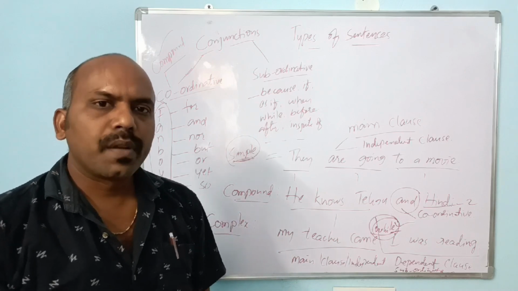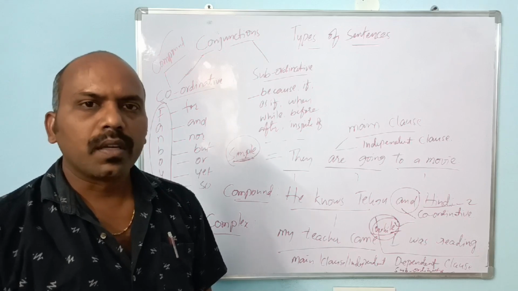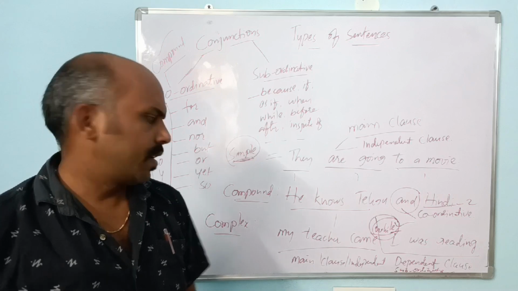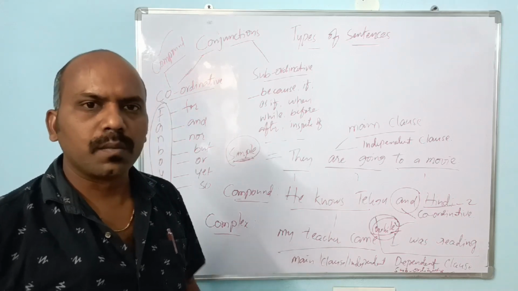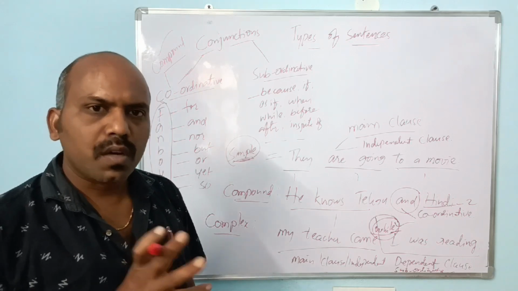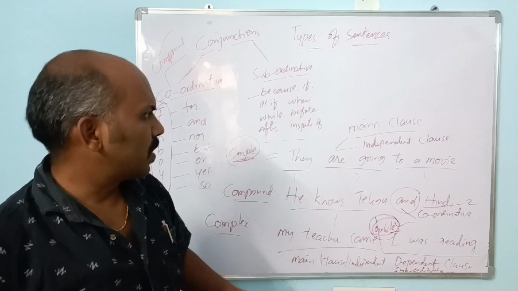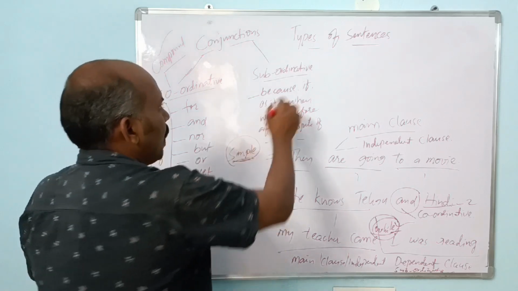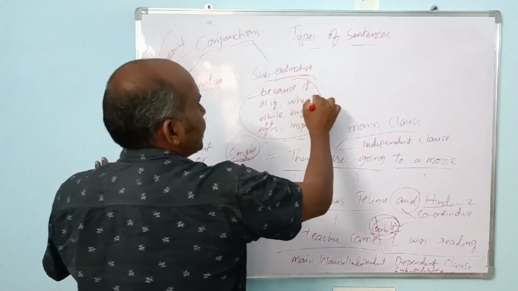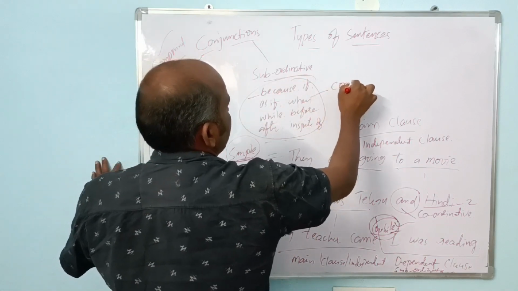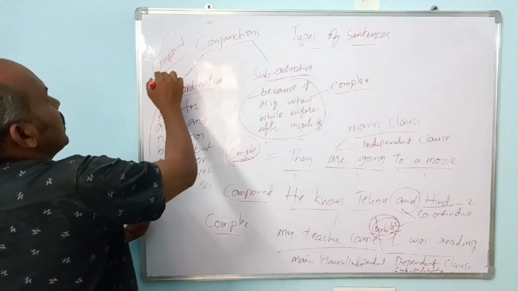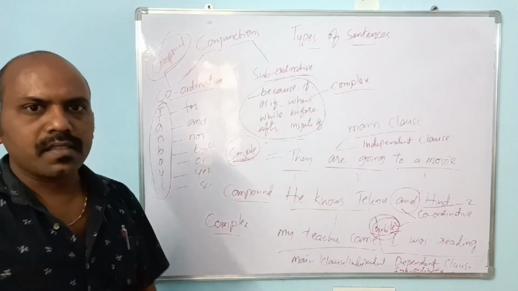That's why in a complex sentence we may get one or more subordinative classes, but it must contain one main class to give complete sense, and those are all added with one of the subordinative conjunctions. So all subordinative conjunctions are used in complex sentences, and all coordinative conjunctions are used in compound sentences.